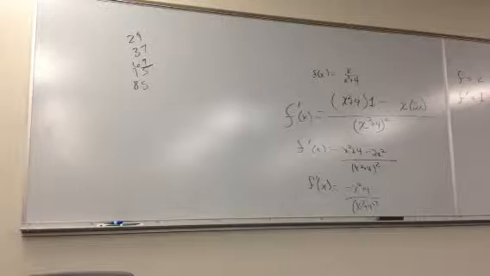So here's negative 2, and here's positive 2. I need test points: negative 3, 0, positive 3, just finding numbers on each interval. Then we find out what f prime is when we plug that value in. Negative 3 squared plus 4 over negative 3 squared plus 4 squared.